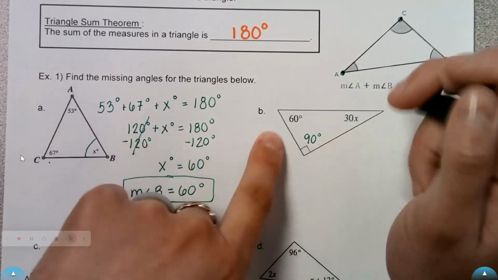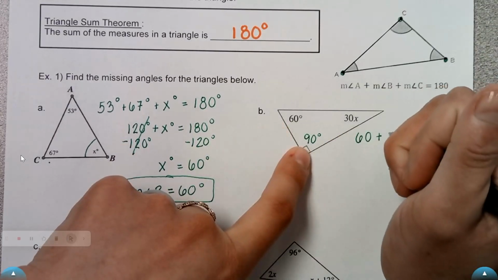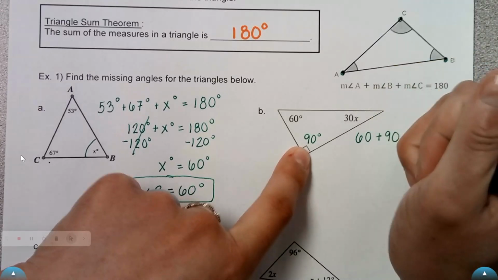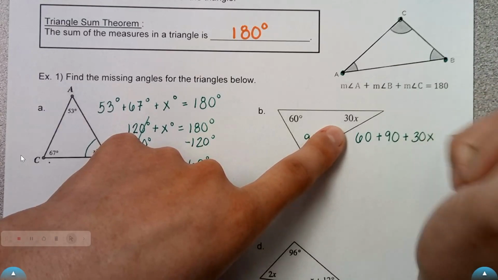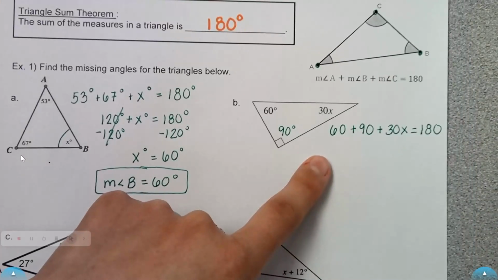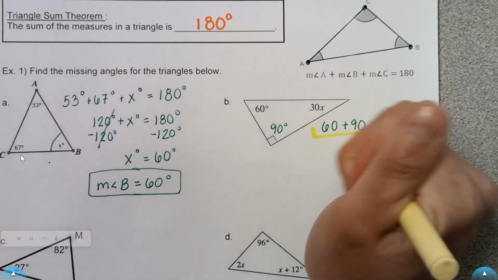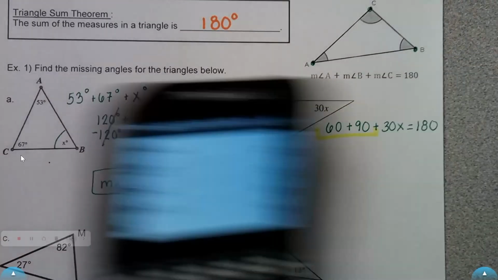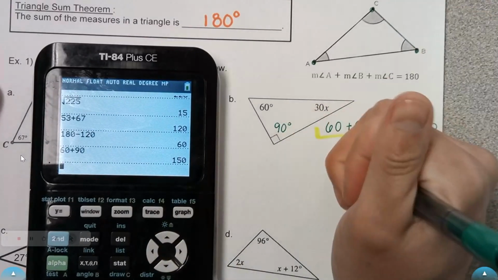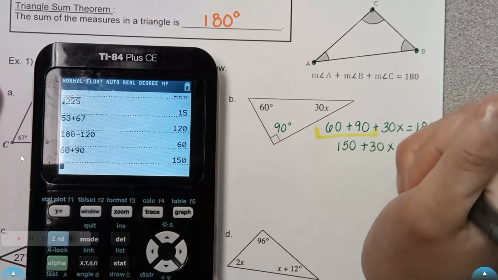So I do have 3 angles, and I'm going to solve for x here. So I know that if I put the 60 plus the 90, right, because I'm adding 3 things, plus the 30x, I should get 180 degrees. Okay, let me combine my like terms, the 60 and the 90, right? These are like terms. So 60 plus 90. Okay, I get 150. Plus 30x equals 180.